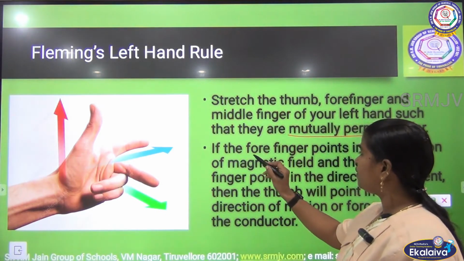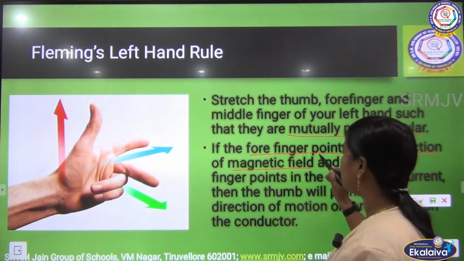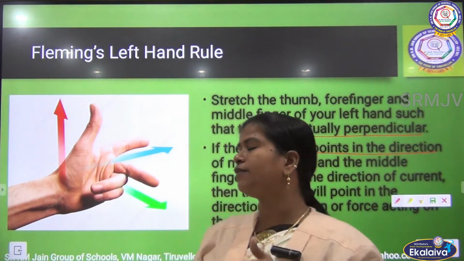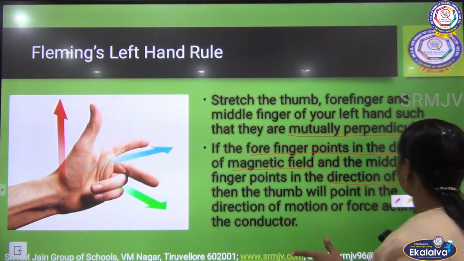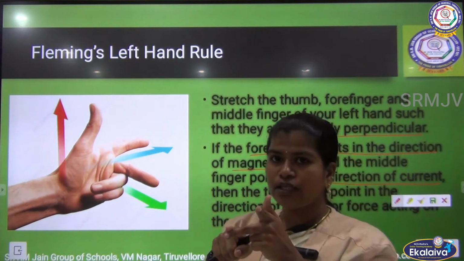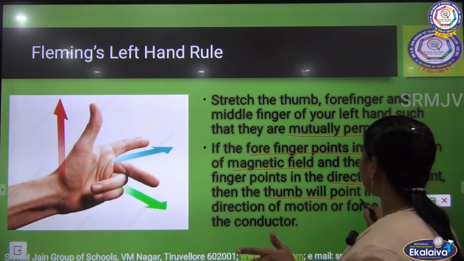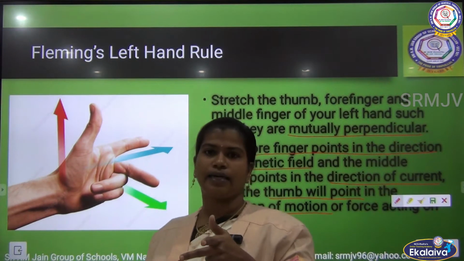Then the forefinger shows the direction of the magnetic field, and the middle finger shows the direction of current. Then the thumb will point in the direction of motion or force acting on the conductor.